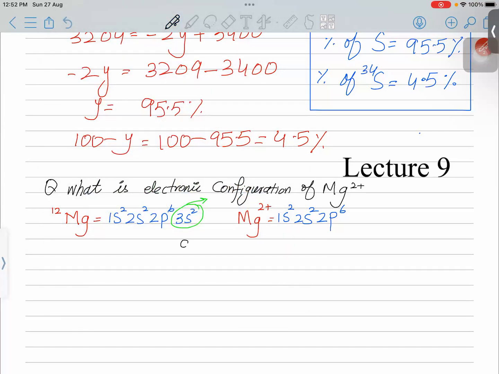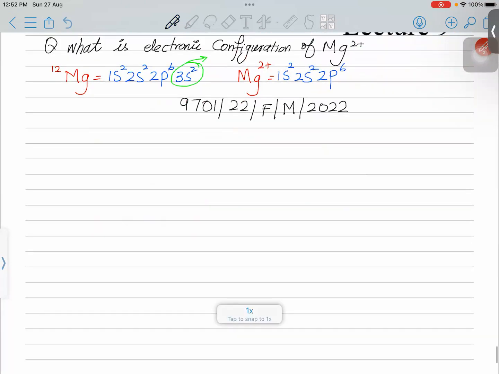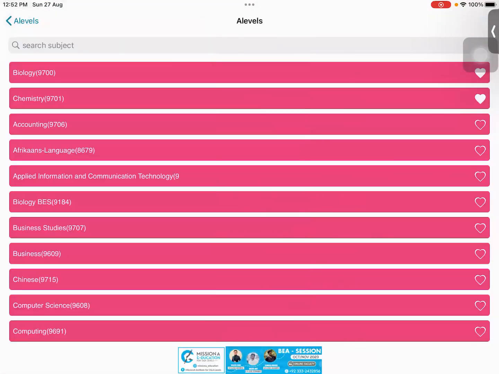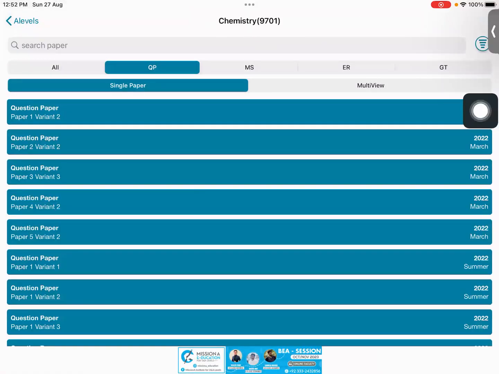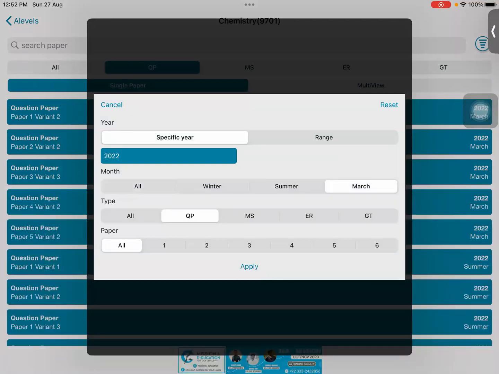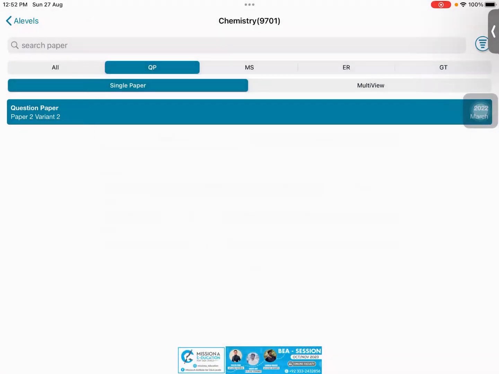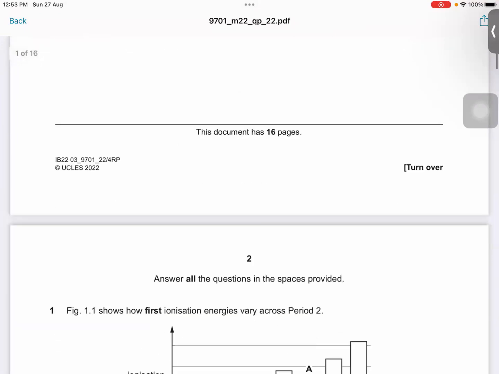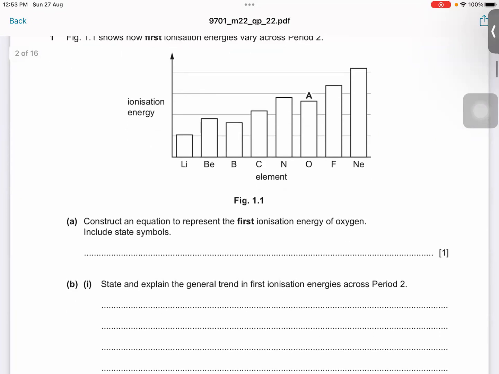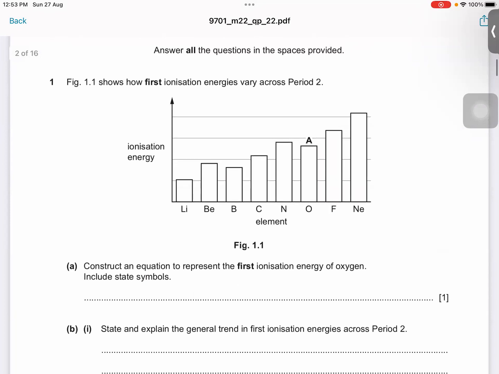Now next question, 9701, variant 22, February, March 2022.